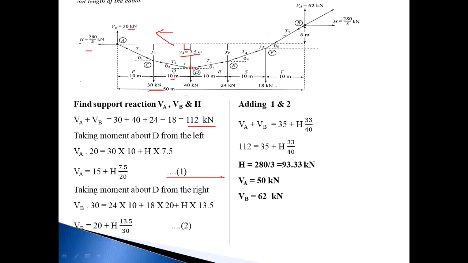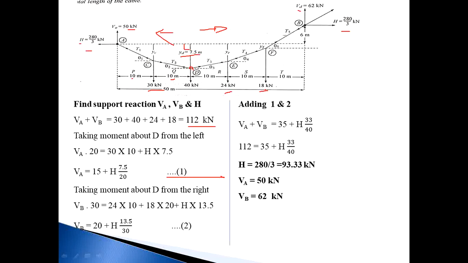Then next, taking moment about D, now consider the right part of D. On the right side of D, the forces are, first, a 24 kilonewton, second, an 18 kilonewton, third, H, and fourth, VB, the reaction at B. Out of these four forces, the direction of the moment for the 24 kilonewton with respect to D is clockwise.